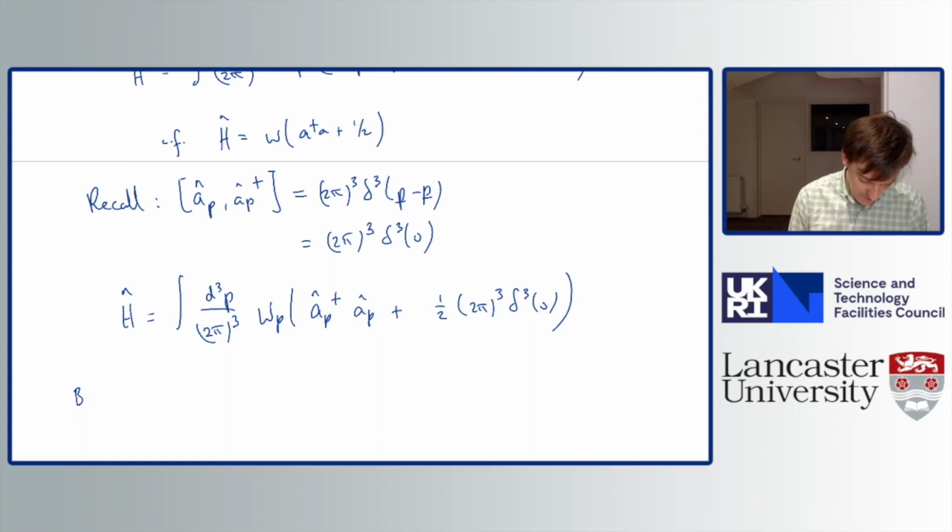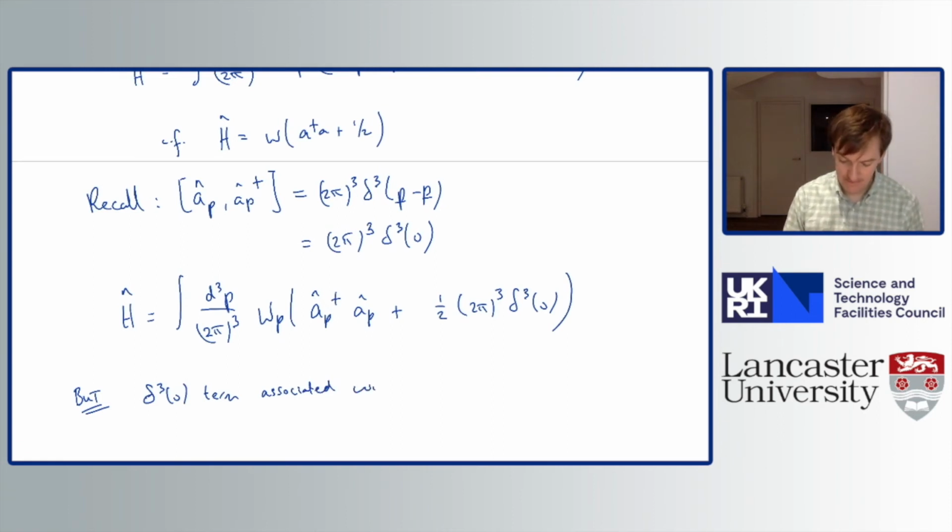Why is there a problem? Well, there's a problem because this delta 3 of 0 is an infinite number. This is the term associated with the ground state energy. In our normal simple harmonic problem, it was a half, which is a nice number to deal with.